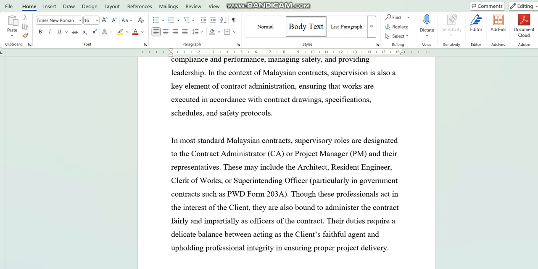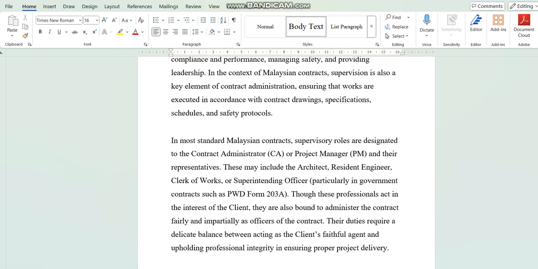So the supervisory role is difficult. It is a difficult role because we tend to sometimes forget one role, or we find it very difficult to balance between being a client's agent, and I mean this is about the SO, the contractor's supervisor. Basically, they are employed under the contractor's team, so they look after the contractor's interest in that sense.